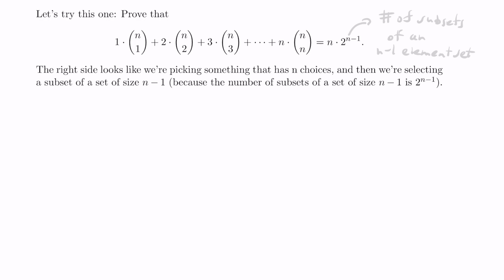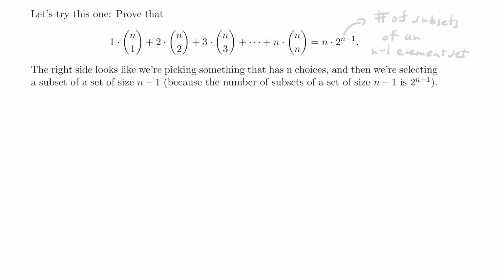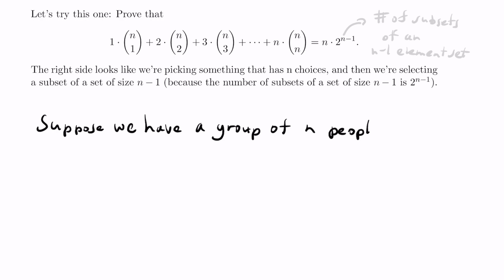Okay. So we'll do this in terms of interpreting in terms of physical objects. We'll say we have a group of people. So suppose we have a group of n people. And we'll do the following process.